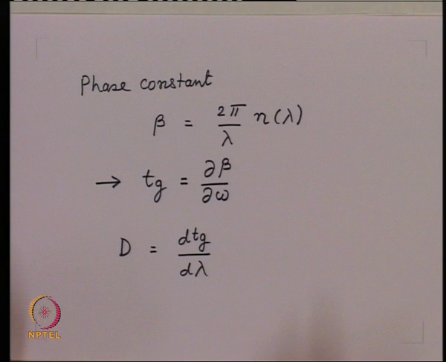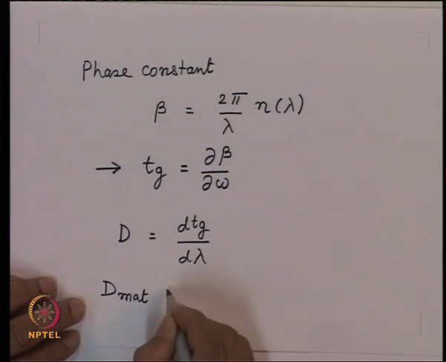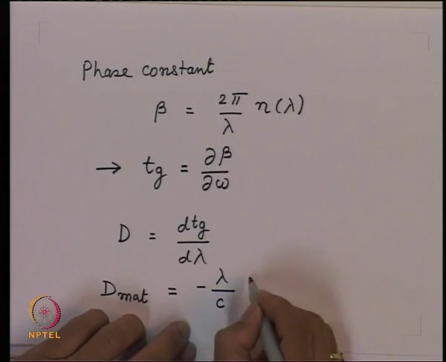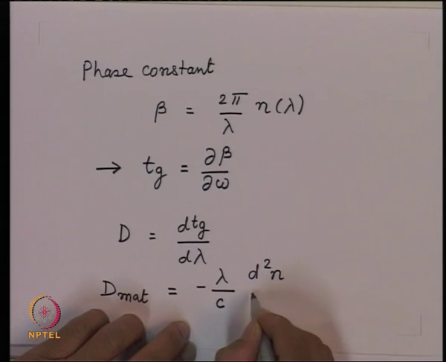If I do this, then we get the dispersion because of material, which will be essentially given by this quantity, D material, that will be equal to minus lambda by c d2n by d lambda square.